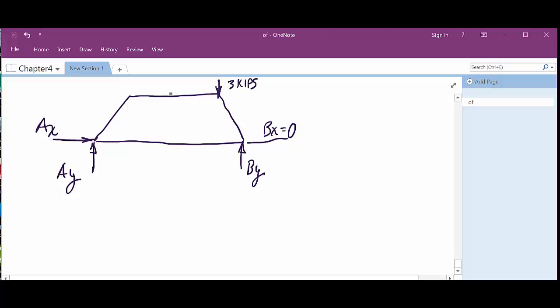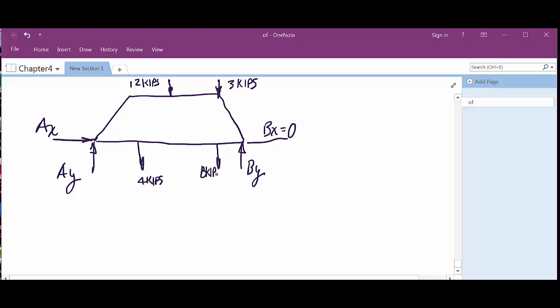Looks like we've got 12 kips out here, and 4 right here, and 8 over here. It's supposed to be right in line with that, isn't it?